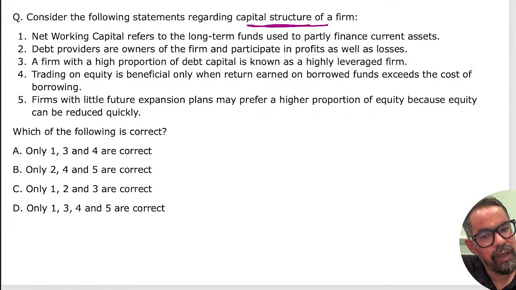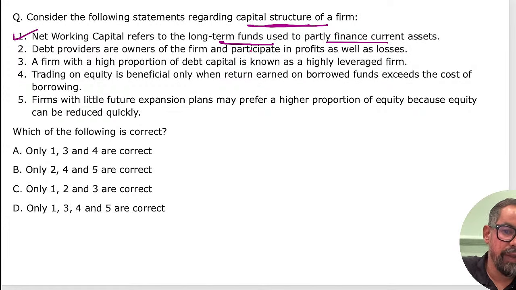Net working capital refers to the long-term funds used to partly finance the assets. That is absolutely right. Debt providers are owners of the firm and participate in the profit. No, debt providers are not the owners of the firm. They generally charge interest for their money. Third one is a high proportion of debt capital is highly leveraged.